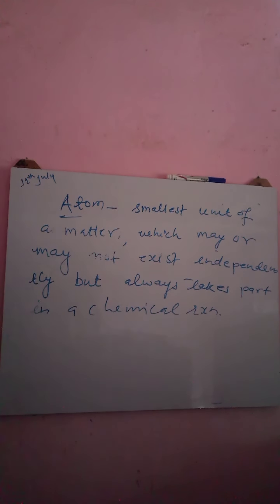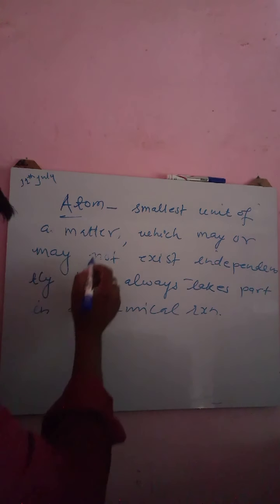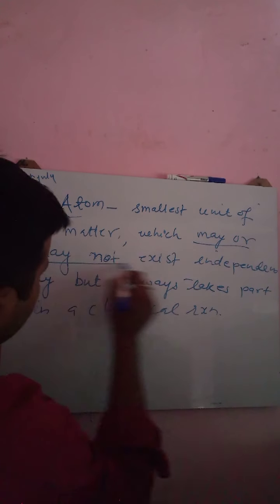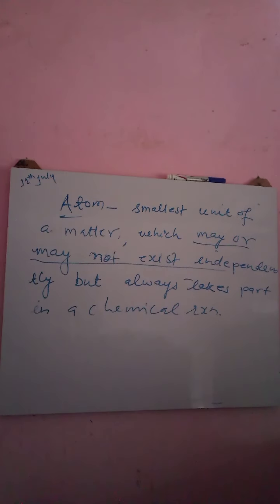The smallest unit of matter which may or may not exist independently, but always takes part in a chemical reaction, is called an atom. I hope you understand the meaning of may or may not exist independently. May exist independently indicates noble gases, while may not exist independently indicates the remaining atoms present in the periodic table.